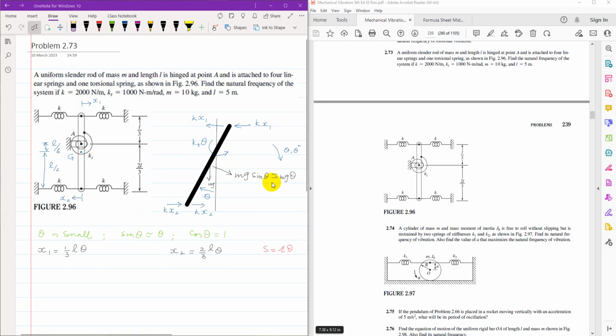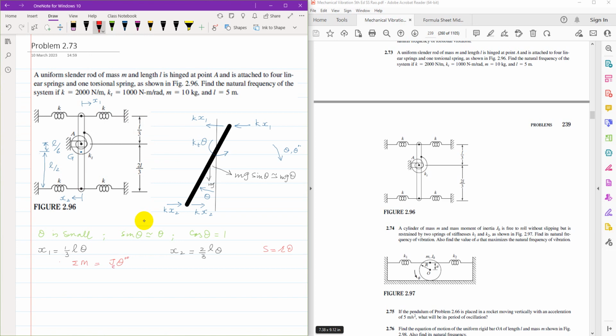So now Newton's second law of motion can be applied here in the rotational direction, which says that the sum of all moments is equal to J equivalent theta double dot.